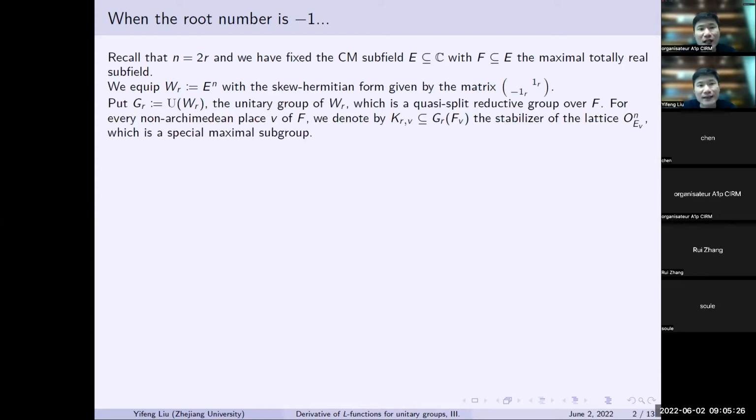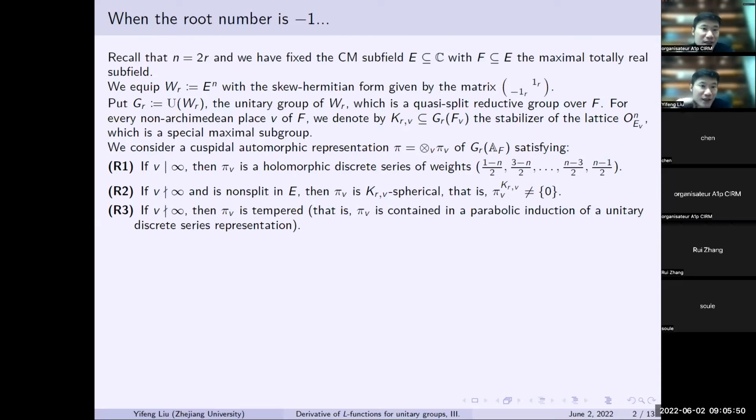And we put G_r as the unitary group of W_r. This is a split, quasi-split reductive group over F. And for every non-Archimedean place v of F, we denote by K_r,v the stabilizer of the lattice O_E,v^n, which is a special maximal subgroup.